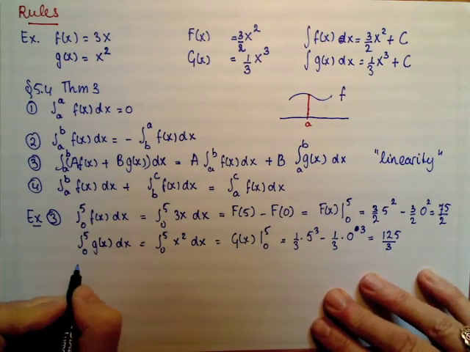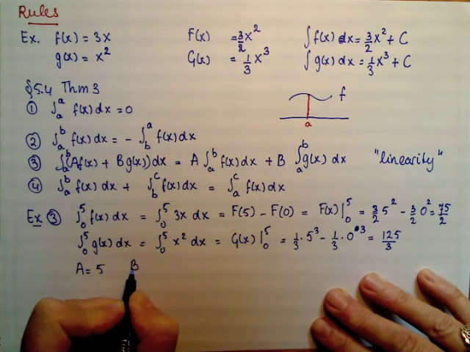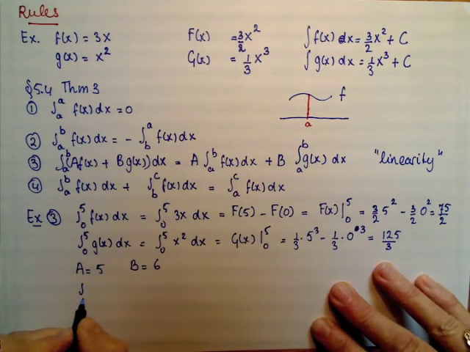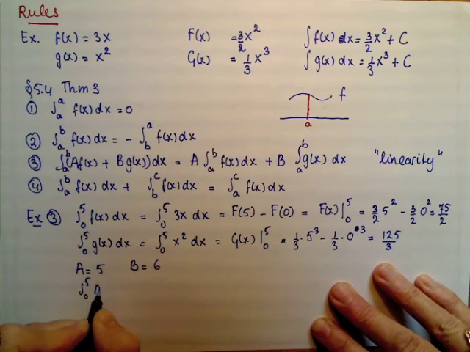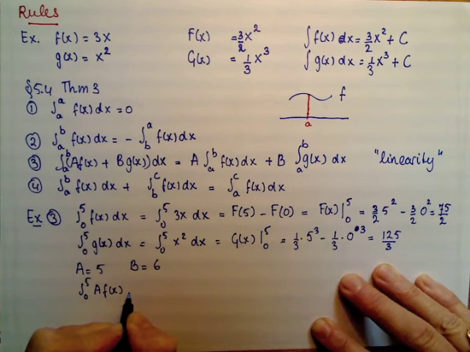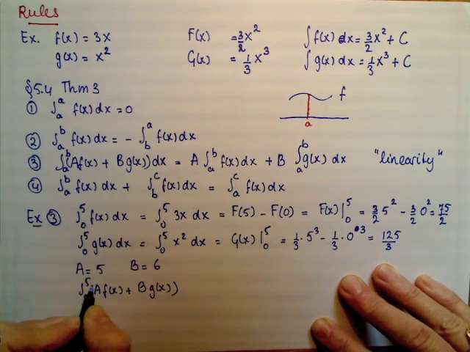Now suppose that we take the constant capital A equal to 5, and the constant capital B equal to 6. Then what we get, if we want to compute the integral over capital A multiplied by the function little f of x plus capital B multiplied by the function little g of x.